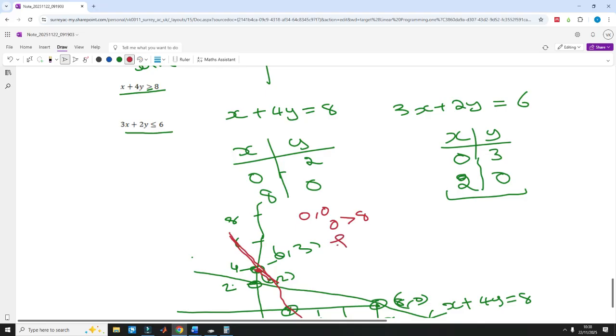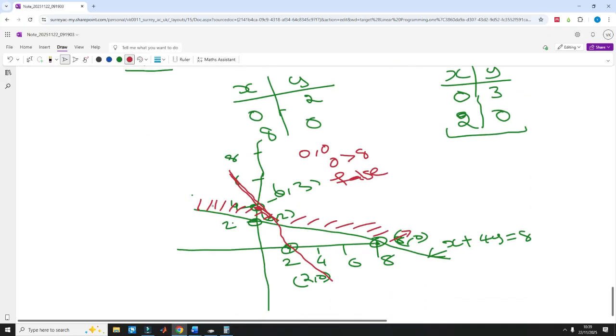So this is false. This means x plus 4y greater than or equal to 8 corresponds to this region. This entire plane corresponds to x plus 4y greater than or equal to 8.